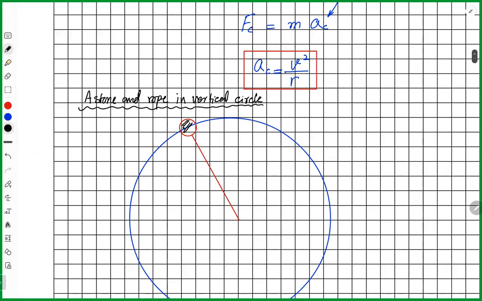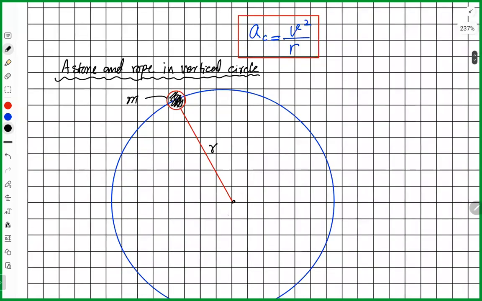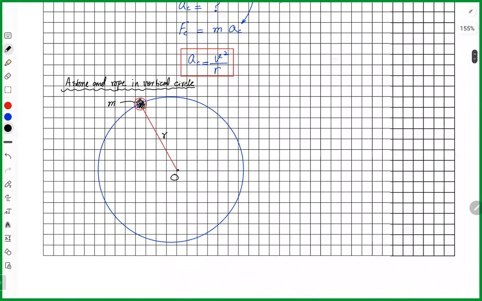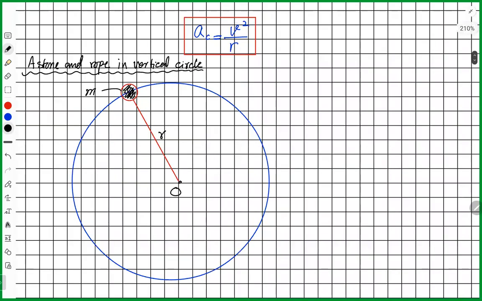So this is an object of mass m. This is the rope, which is one radius long. This is the center of the circular path. Now, in order to make this mass move in a circular path, there should be a tension acting towards the center of the circular path. That is the simple thing.